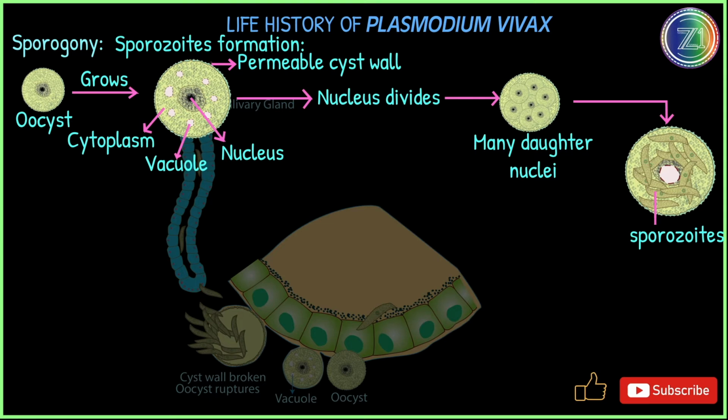If you remember, in the previous lecture I mentioned how many oocysts are there in one mosquito stomach wall. There were around 50 oocysts, and from each around 10,000 sporozoites are going to be formed. So you can multiply 10,000 into 50 and imagine the amount of sporozoites.